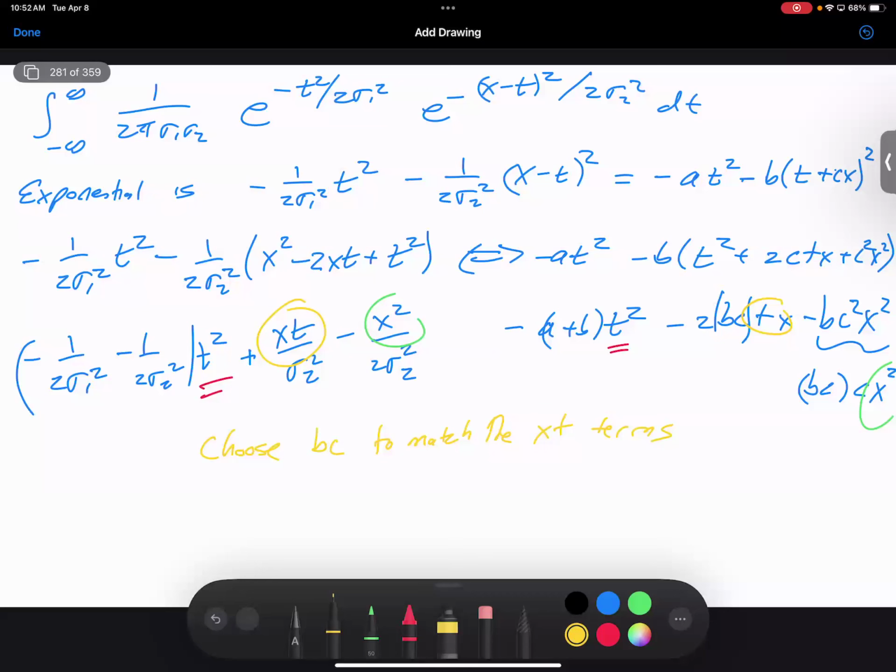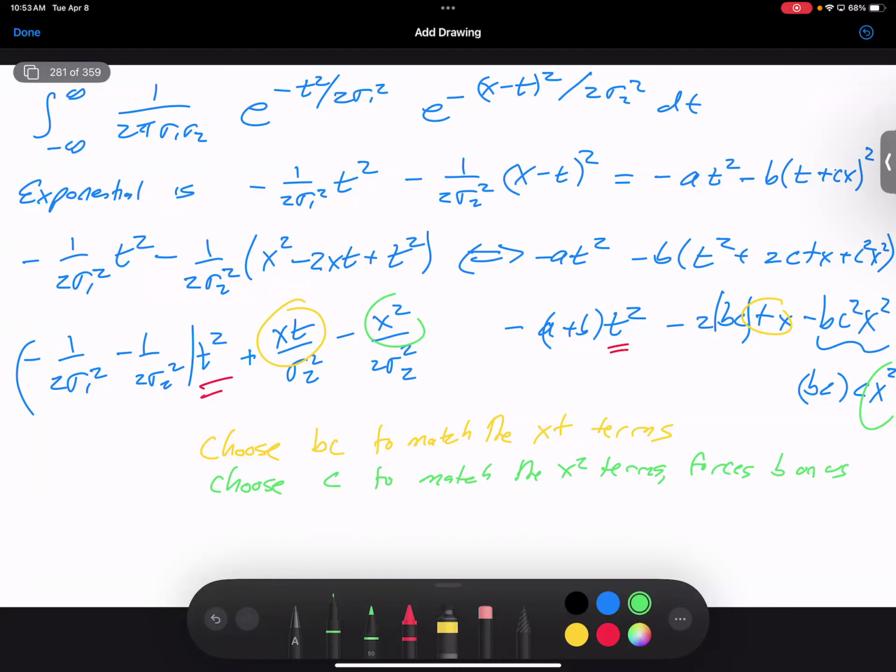This is really important. Does everybody agree I can choose bc to match the xt terms? Then we choose c to match the x squared terms, and that forces b on us, right? Because once we've chosen c, b is now forced.